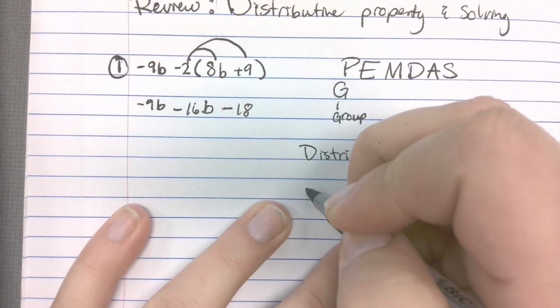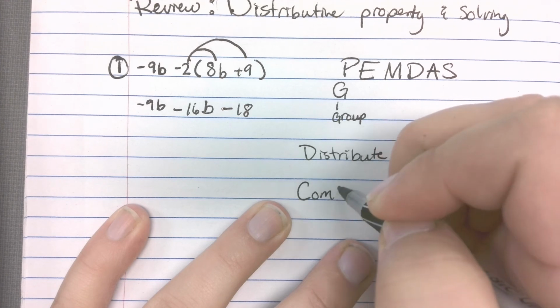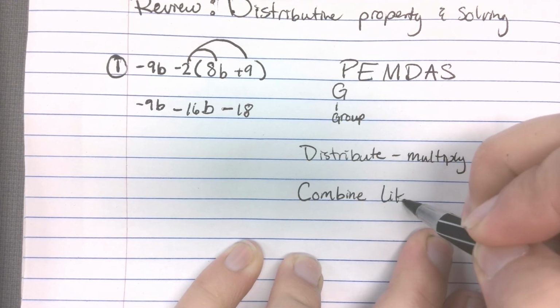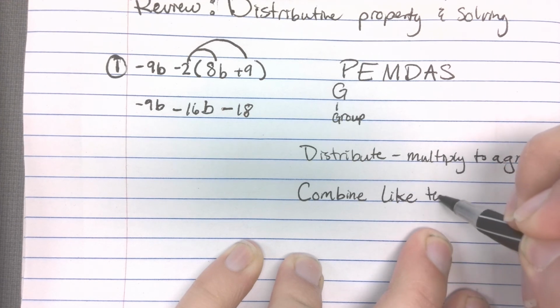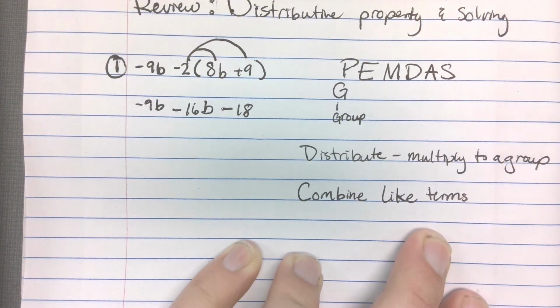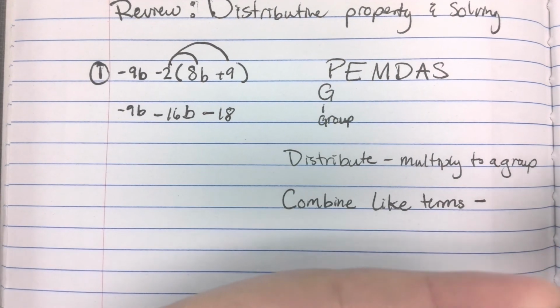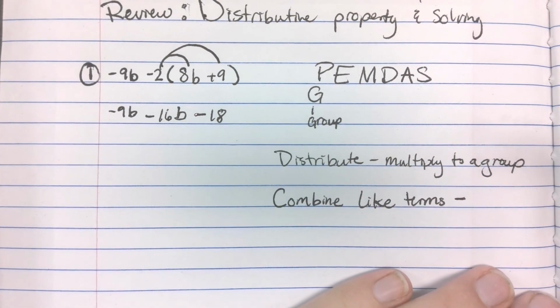If I were to say combine like terms, what would that mean? What makes something a like term? If they have like the same variable.